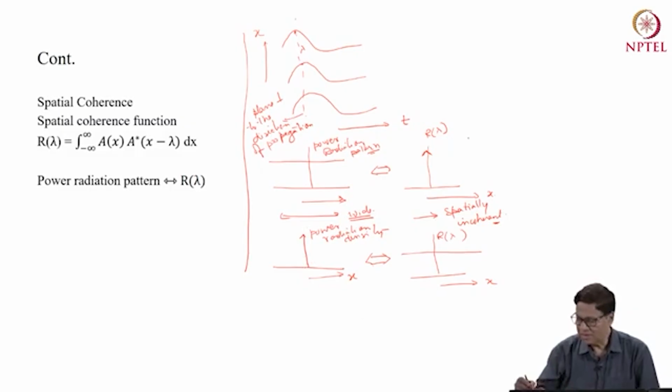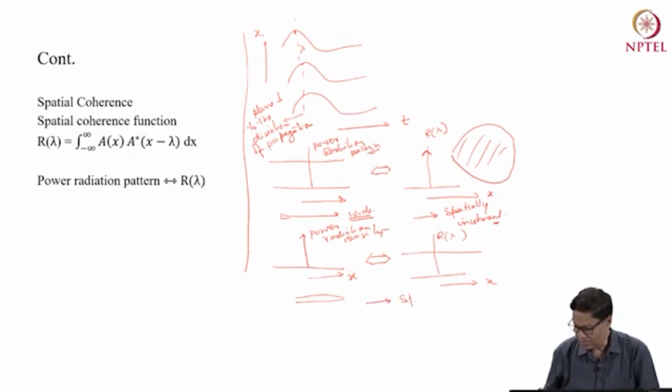So in this case, the power is emitted over a wide area, whereas in this case, the power is emitted in a very narrow, focused, directional way. So this kind of source is called a spatially coherent source.